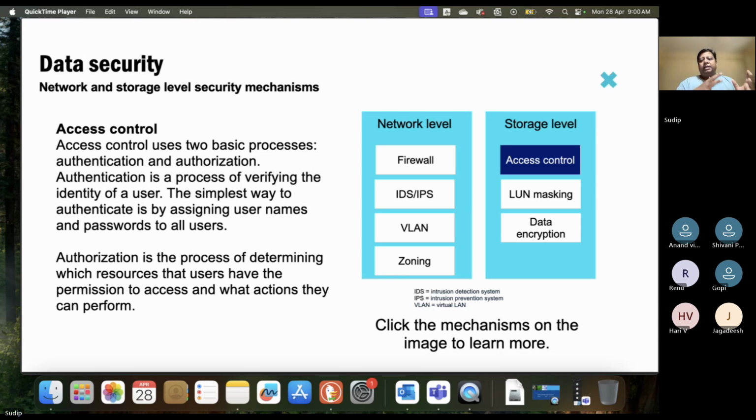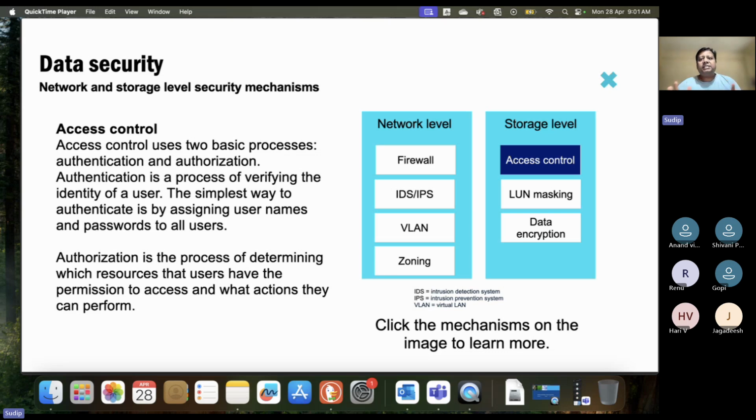Then comes authorization. Now, what is authorization? Through this Active Directory, once a user has gained access to a network, you can define this so-and-so user has got access to which server, which desktop, which network, which software, which other systems like HR system, payroll system, and you can also define what level of access, like whether this person is the super admin or not, whether this person has any rights to modify the settings, whether this person is having a read-only access to that system.